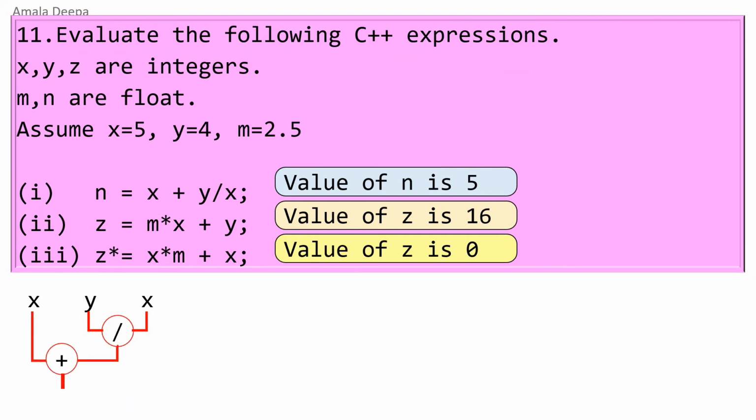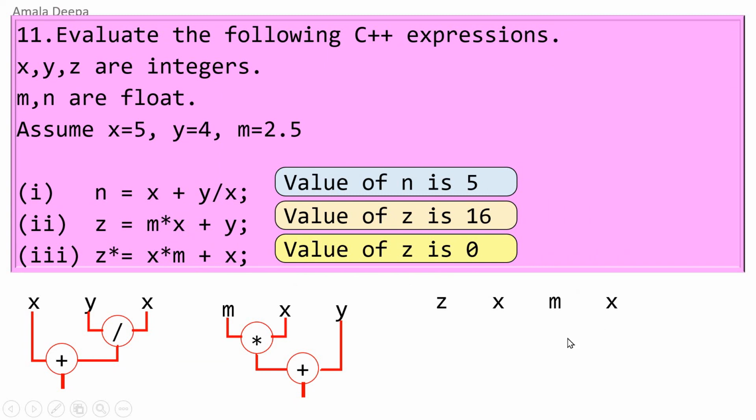For the second expression, m into x plus y, and look at the third statement, z *= m + x. So *= is a shorthand assignment operator which should be read as z is equal to z into this expression. z = z * (x * m + x). So you have to take the following variables for order of evaluation.